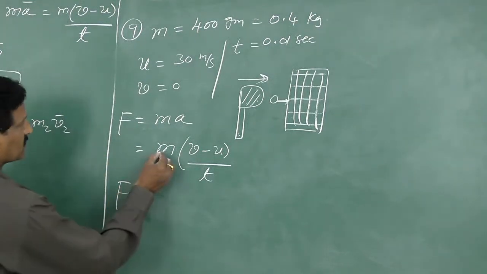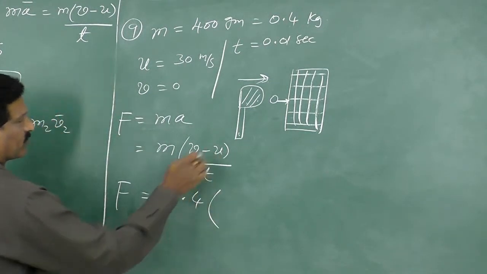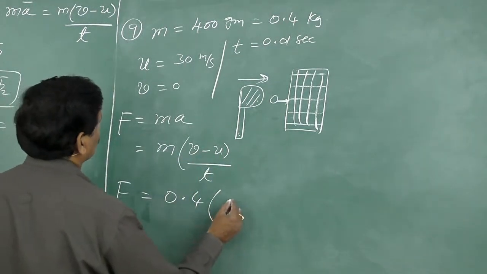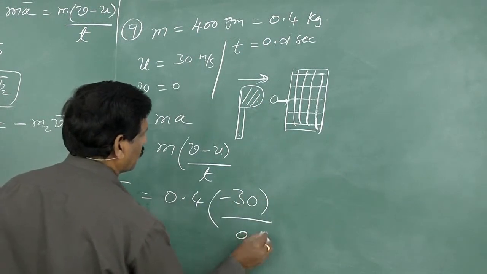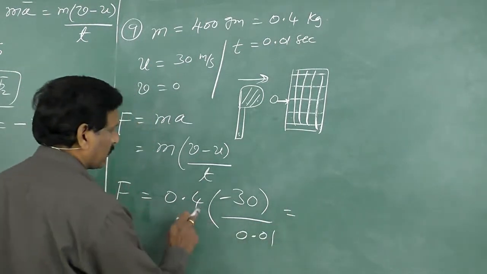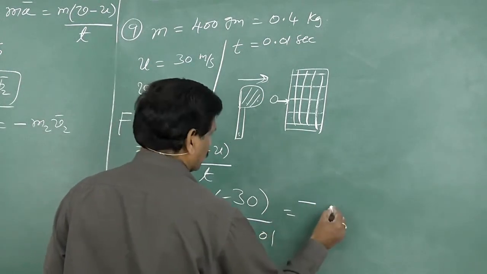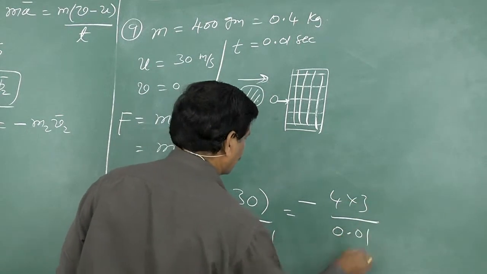So F is equal to mass of the hammer 0.4 into V minus U, this is minus 30, by time 0.01. So this is equal to minus 4 into 3 by 0.01.